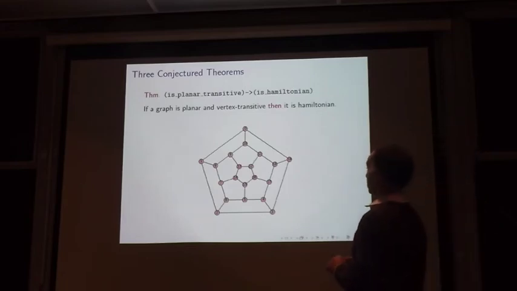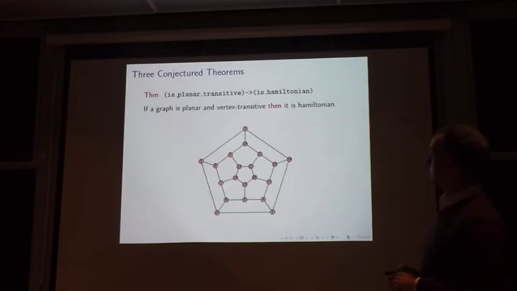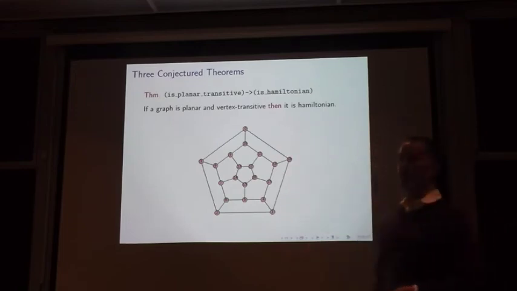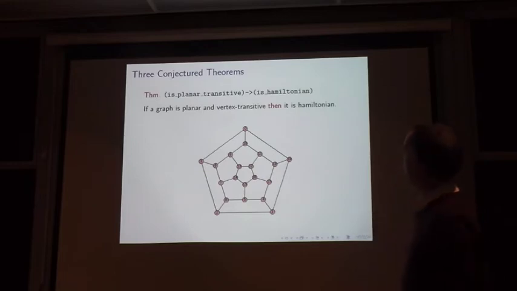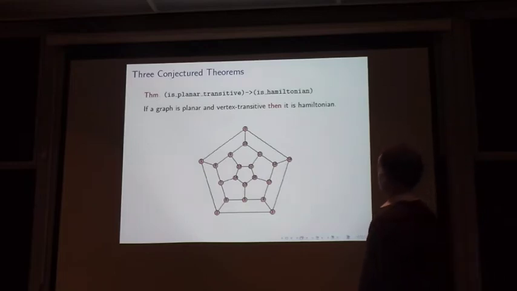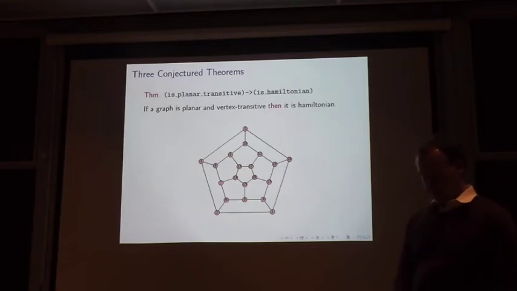If a graph is planar and vertex transitive, so is planar transitive was actually not coded by us, it's built into Sage, then it's Hamiltonian.